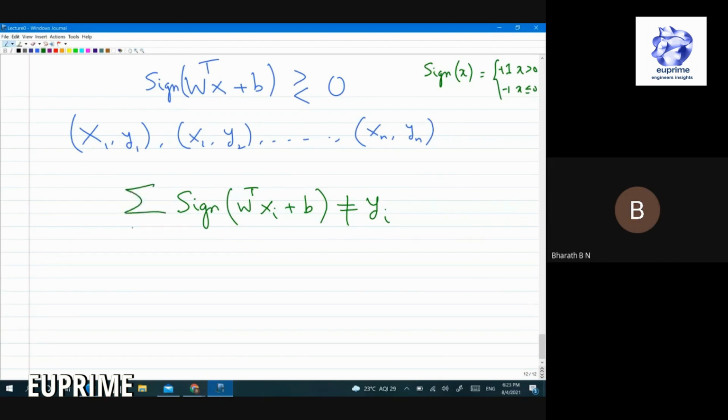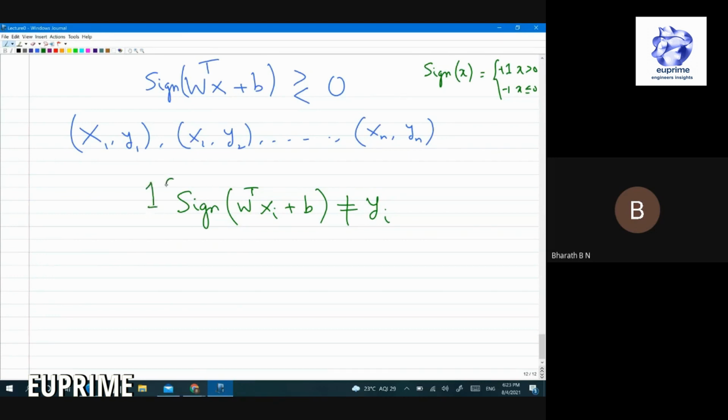So let me count this, i equal to 1 to n. How do I count? The sign of w transpose xi plus b not equal to yi is an event. Whenever this happens, I should say 1. Otherwise, I should say 0. That's called an indicator.